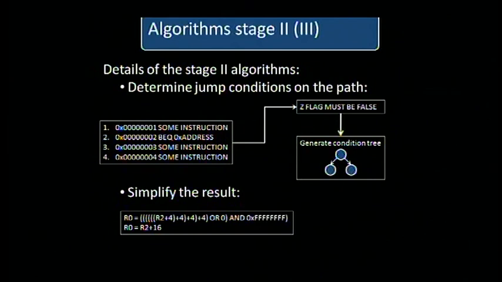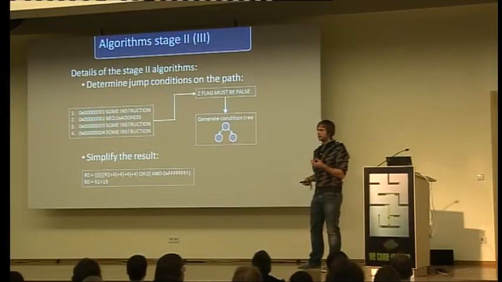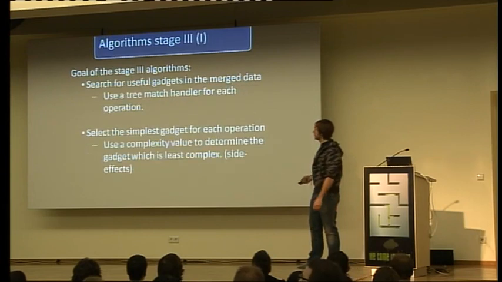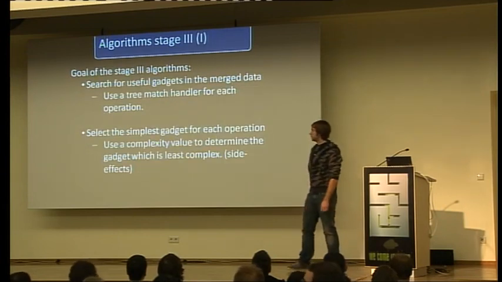Because given that you want to have, as return-oriented programming suggests, a Turing-complete gadget set for a specific architecture, or in our case for any architecture that we have translated into REIL, we want to be able to locate useful semantic information that we predefined. So this is what we're going to do in stage 3.